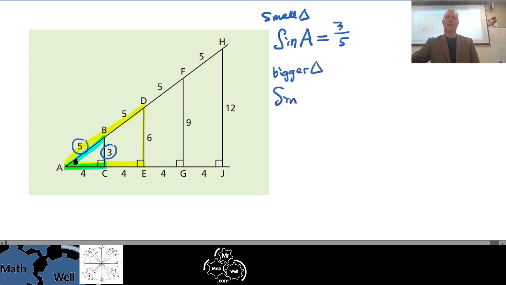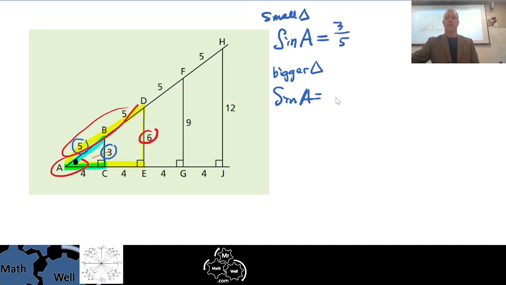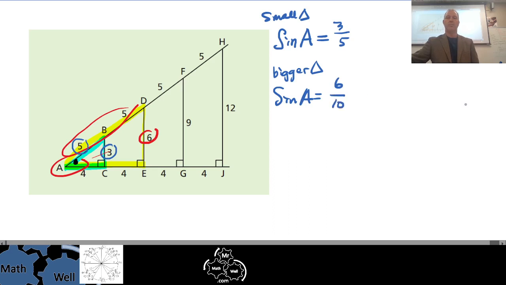What's that ratio? For A, opposite 6 over 10. Now notice that this reduces to 3 over 5. So same angle, and we have similar triangles nested in one another.